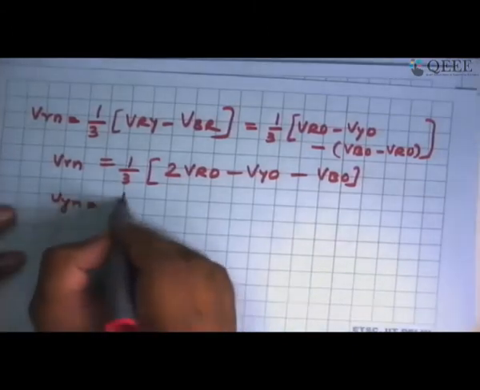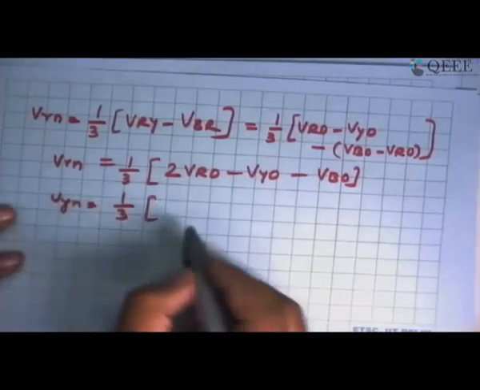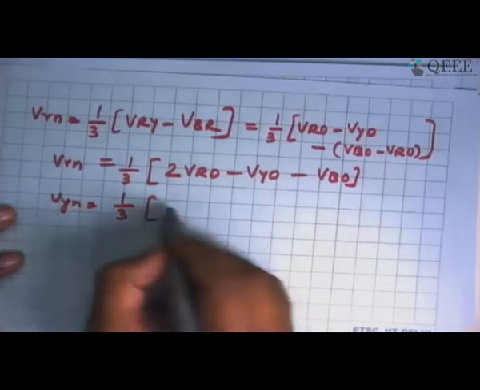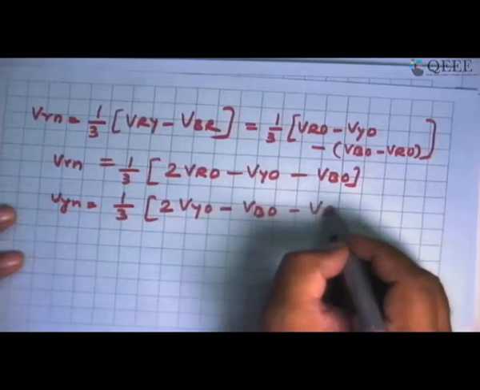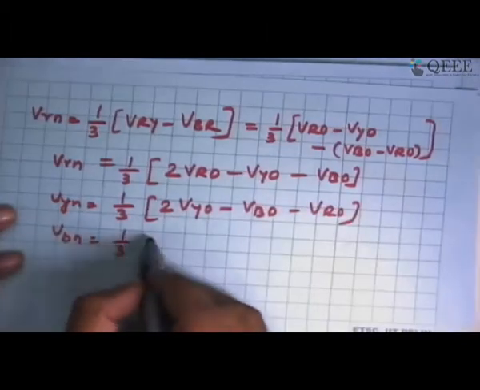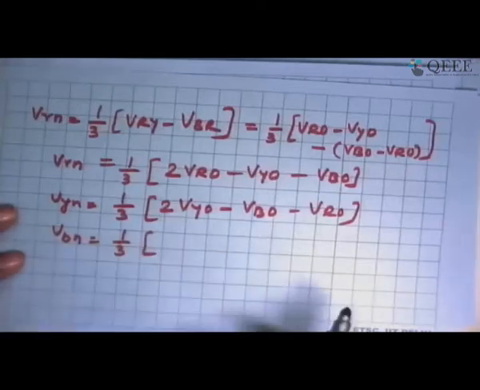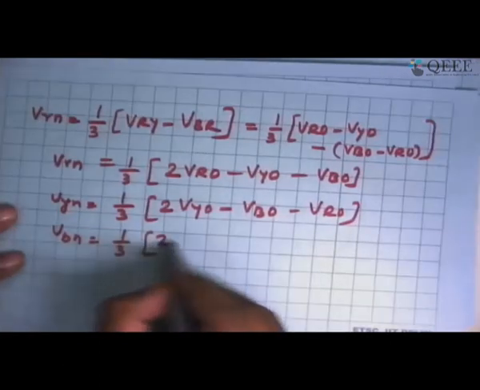So this is the direct formula for getting from pole voltage to neutral voltage.